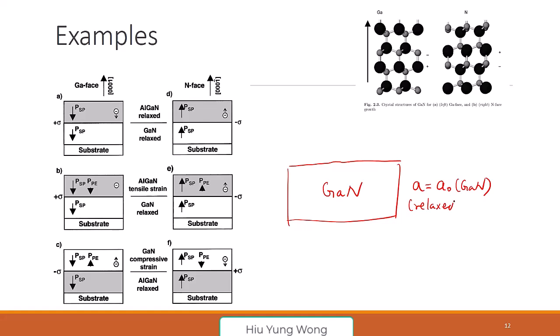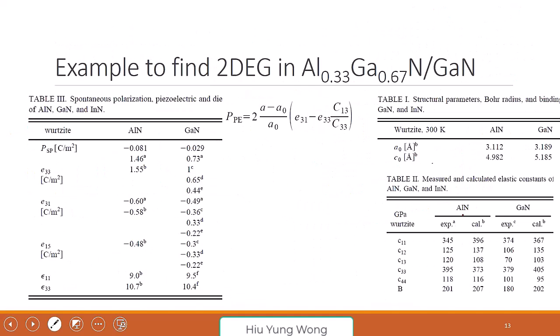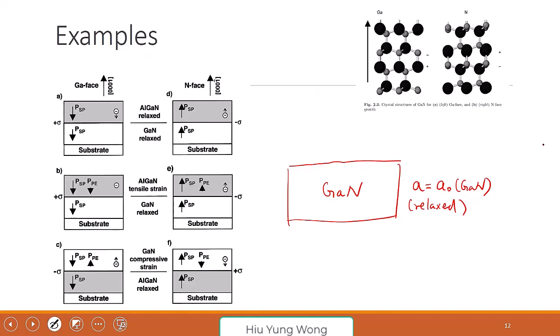That's what we call relaxed. No stress. Can you tell me what is A0? I forgot to put it here. Then we need to go to here. What is the A0 for gallium nitride? It's 3.189. Okay, so the lattice constant is 3.189 angstrom, right? See next slide.